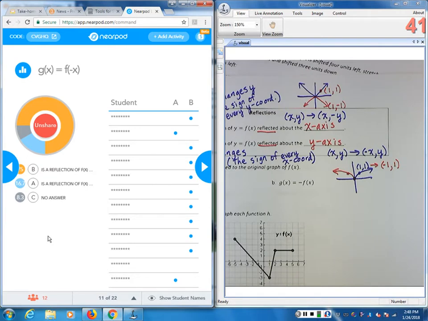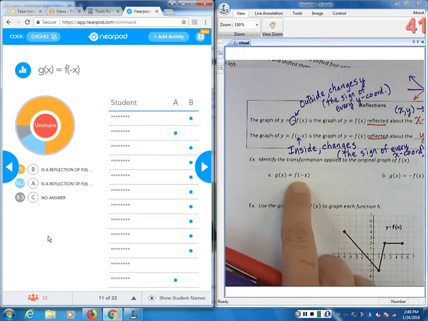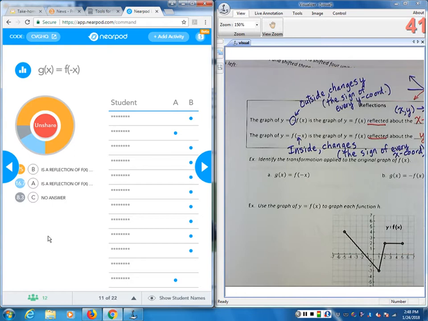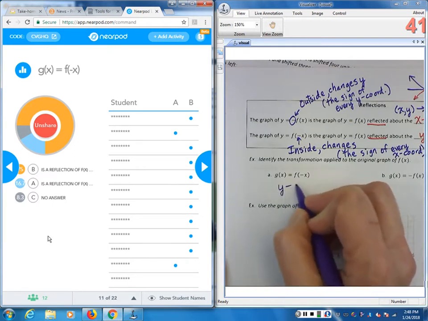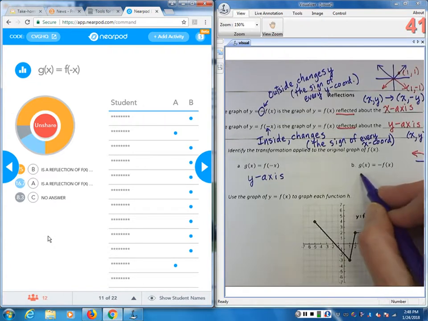And I think the first question was, what's this transformation? That's the y-axis, right? And this is the x-axis.